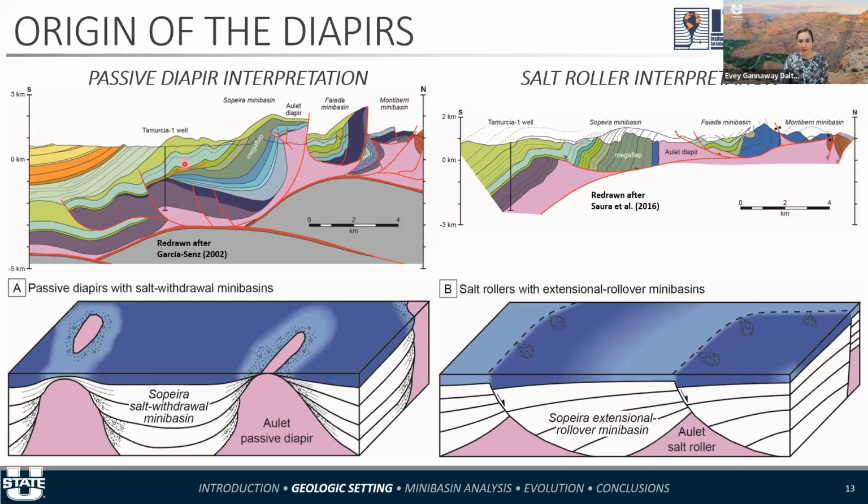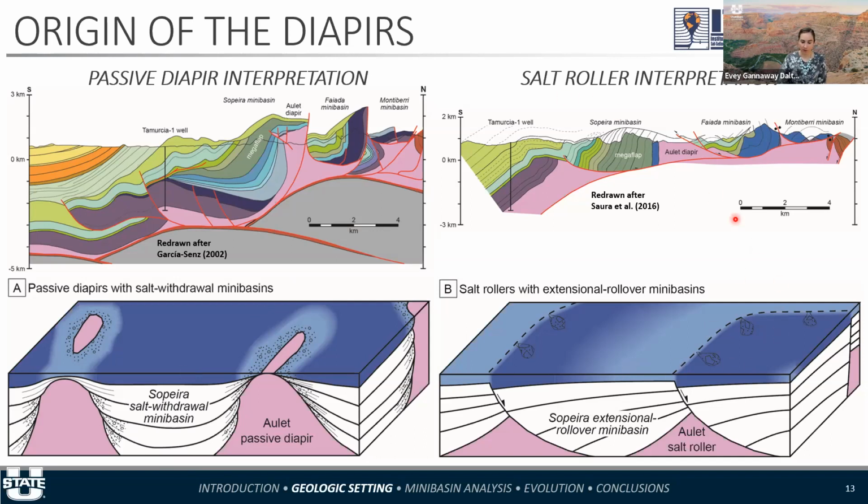And then you have the flanking Sopera salt withdrawal mini basin to the south. So if we were to very simply back out that Pyrenean contraction, it might look something like these schematics that I showed you earlier and that you see here on the lower left.